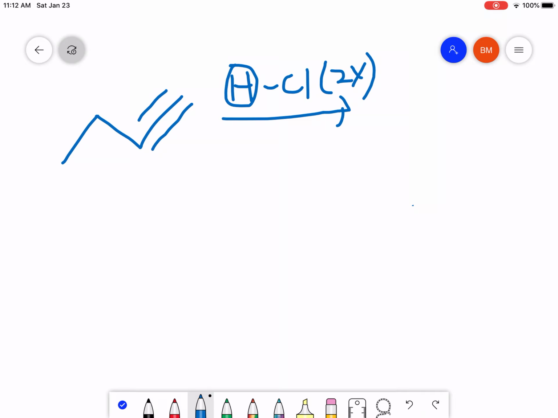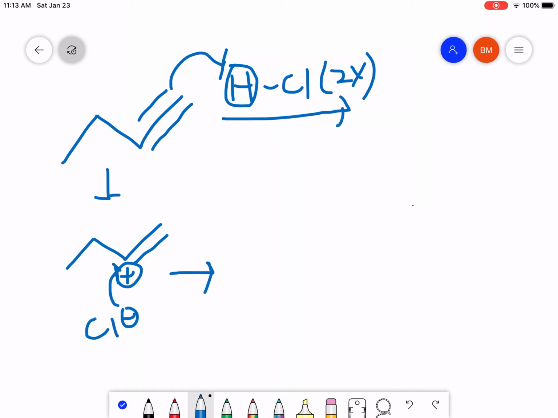So the hydrogen has to go on this end carbon and not on the middle one. So Markovnikov's rule applies not only to alkenes, but also to alkynes as well. From there on out, everything proceeds exactly the same as the last example.